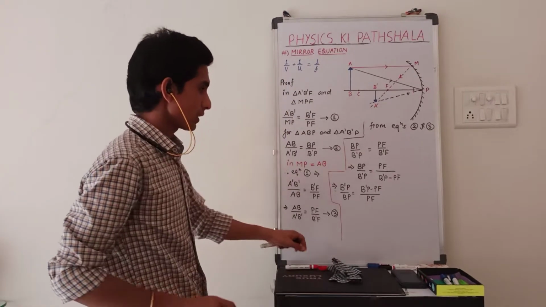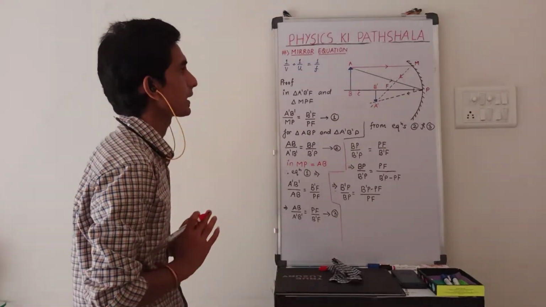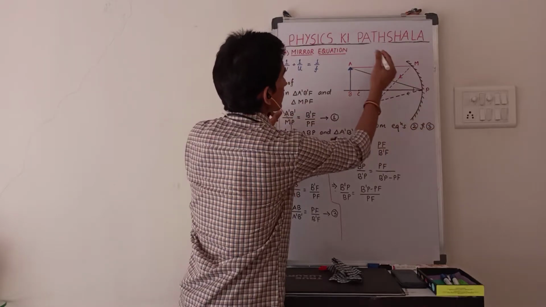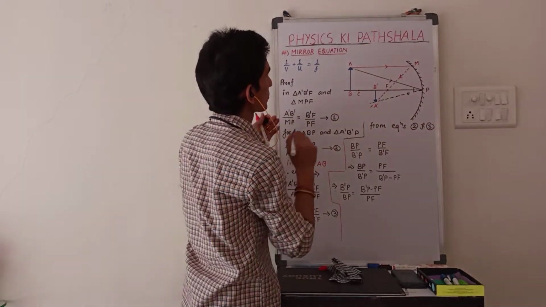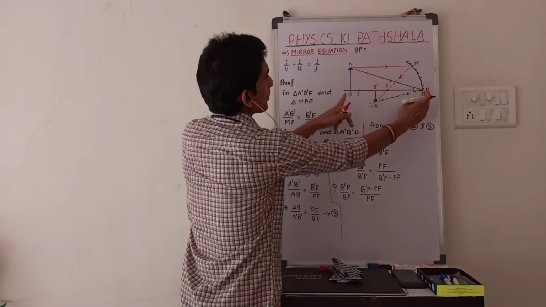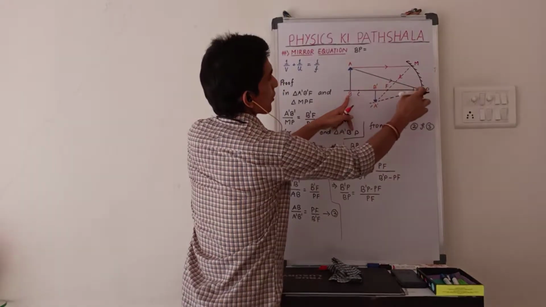Now in the diagram, if you carefully see, BP is nothing but the distance of the object.